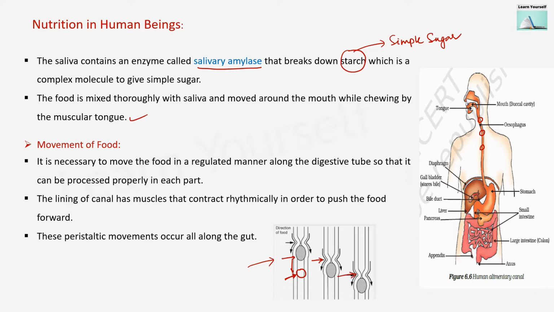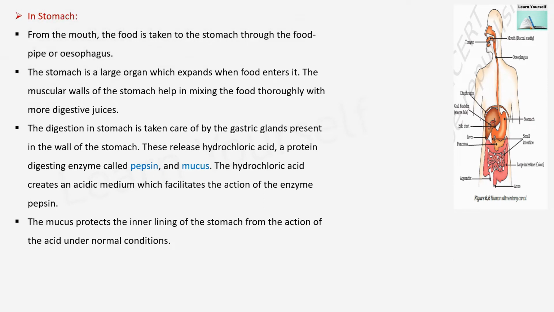And this is rhythmic, this is stepwise. So in each step, the food will be processed properly, and once the process has been followed properly, then only it will move forward. So this process is very important and it is known as peristaltic movement, and that will happen all along the gut.